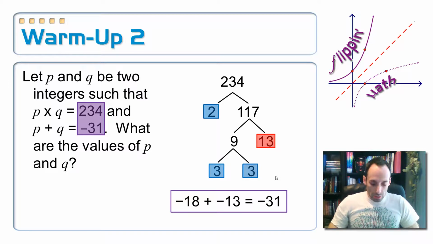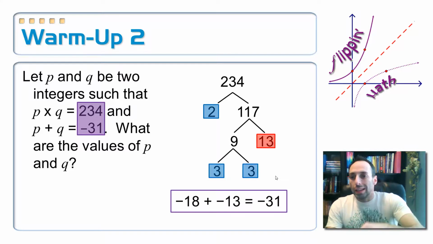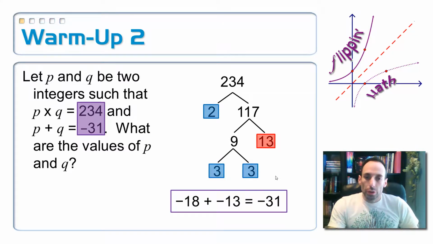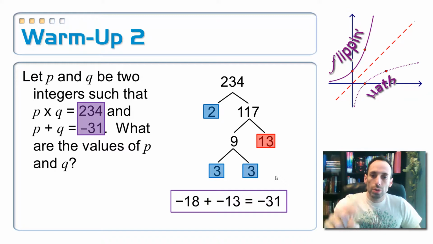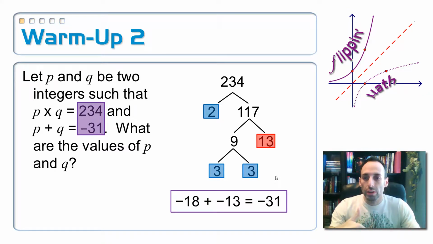So what you want to do is you want to pair up those factors in certain ways so that you can get a sum of 31, or in this case actually negative 31. So I might have picked 13. If I pick 13 as one of my factors, the other one's 2 times 3 is 6 times 3 is 18. Is there anything that I can do with 18 and 13 in order to get 31? And the answer is yes, if I add them together.